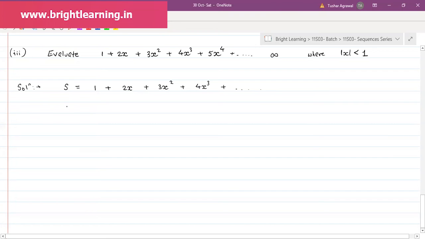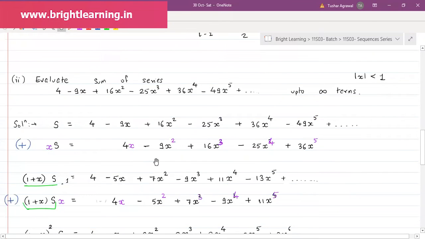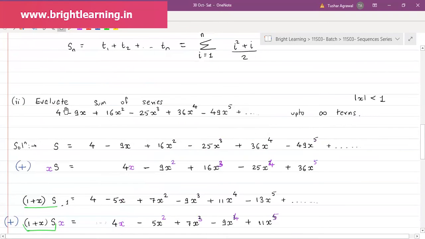If I write this S again as it is, you can see that this is a simple AP and GP combination. In the previous question, at least it was a GP, you could see 1, x, x square, x cube and so on. It was further complicated because 4, 9, 16, 25 was not an arithmetic progression straightforward.